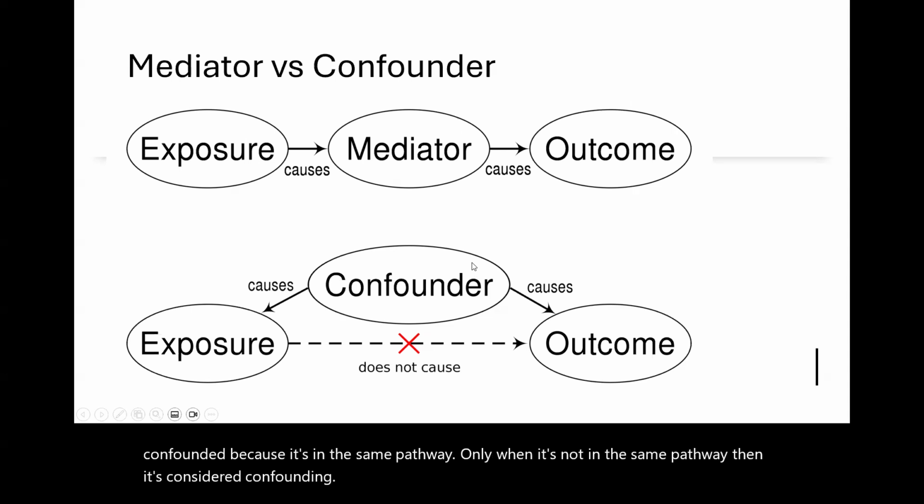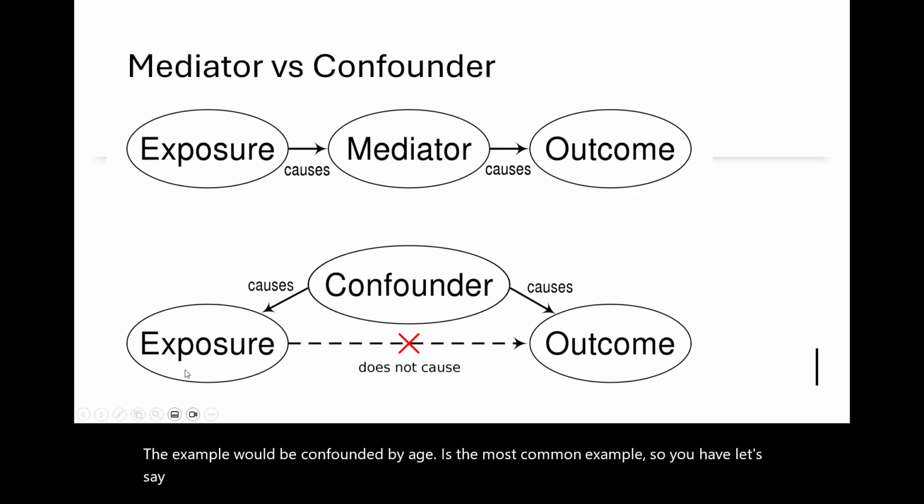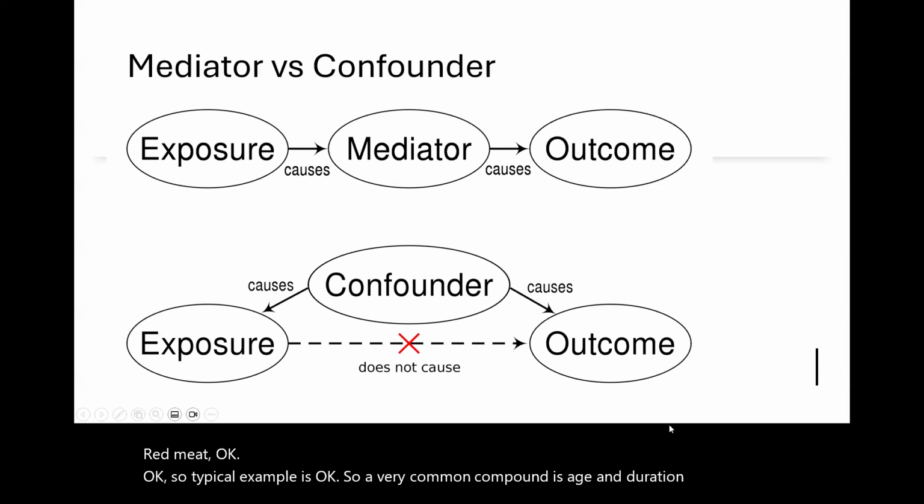The most common example is confounding by age. So you have, let's say, an exposure like red meat. The very common confounders are age and duration. The example we did was diabetes.